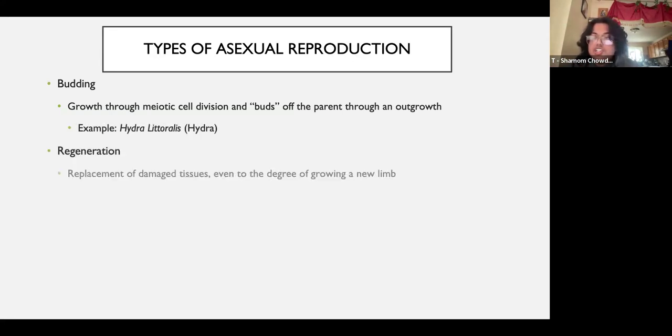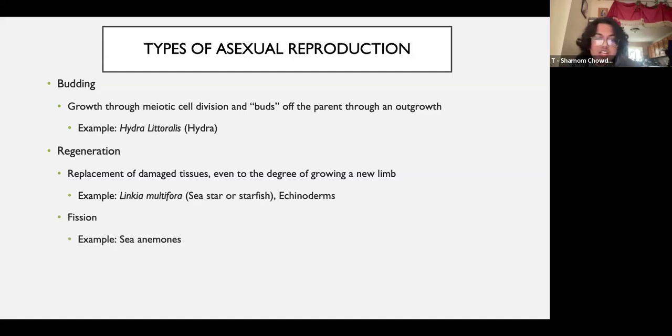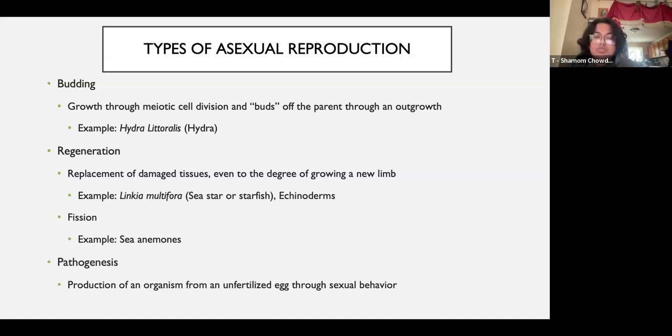There's regeneration, such as in sea stars, for example. Damaged tissues can be replaced, even to the degree of growing a new limb. And there's nuclear fission, such as in sea anemones, and parthenogenesis. Through sexual behavior, an organism can be produced from an unfertilized egg. An example is lizards or fish.